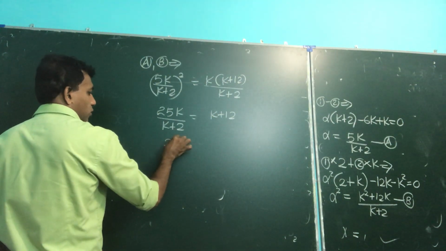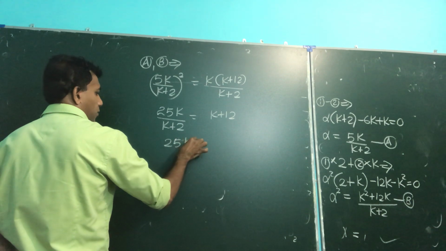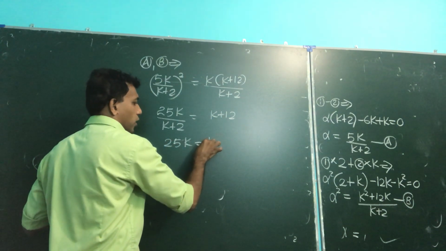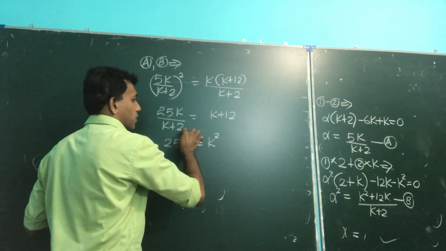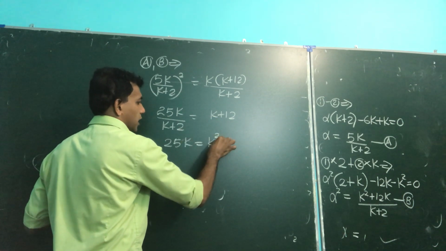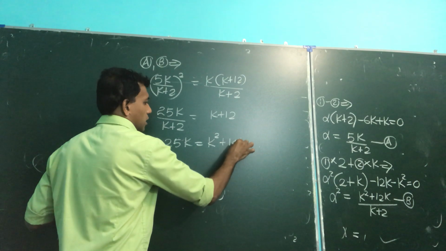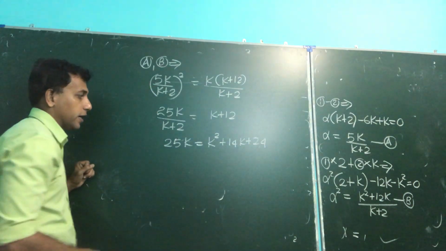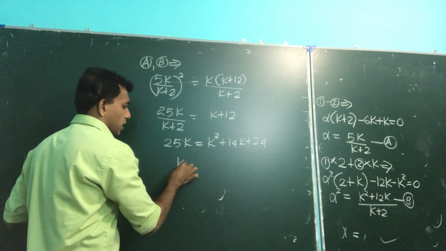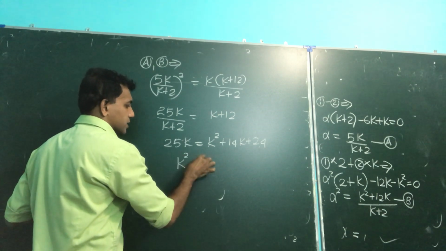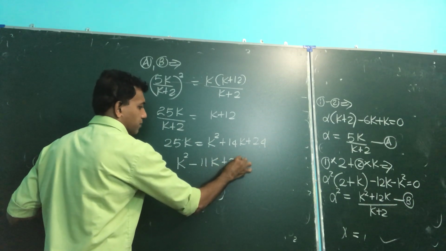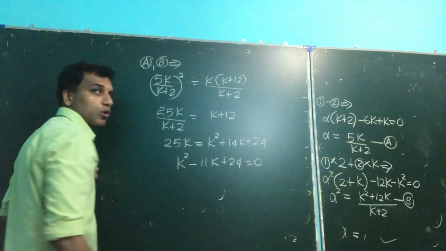So 25k, but the problem is to find the values of k. Cross multiply: k square, then 2k, 12k, 14k, plus 24, right? Therefore k square minus 11k plus 24 equal to 0.